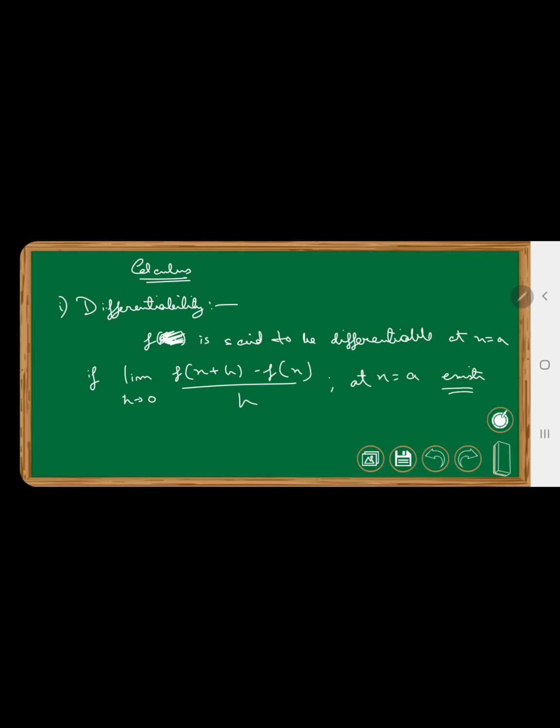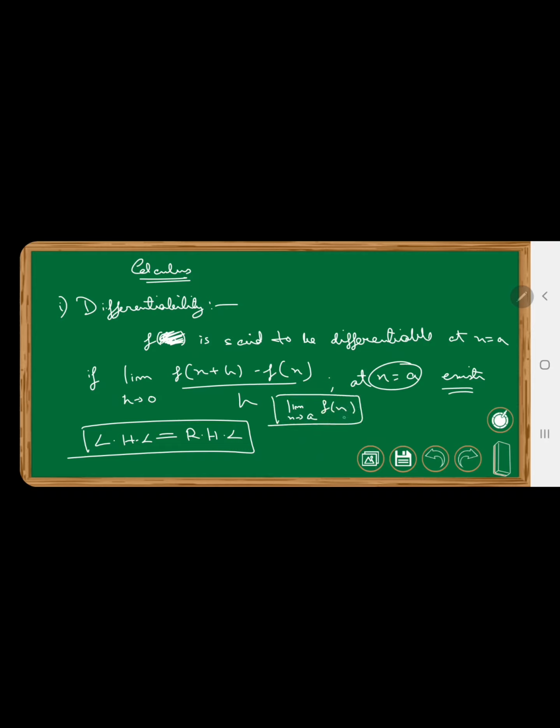And for a limit to exist at some point, you know that the left hand limit must equal the right hand limit. That is, the limit plus must equal limit minus. This much is clear. What I mean by the statement is that, suppose you have limit x tends to a of f(x).